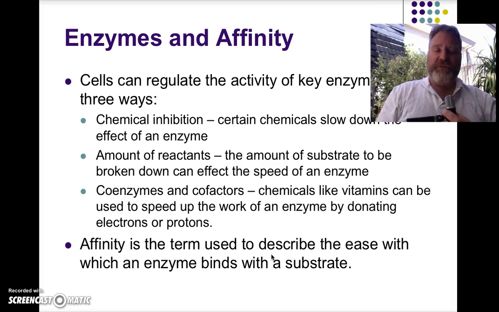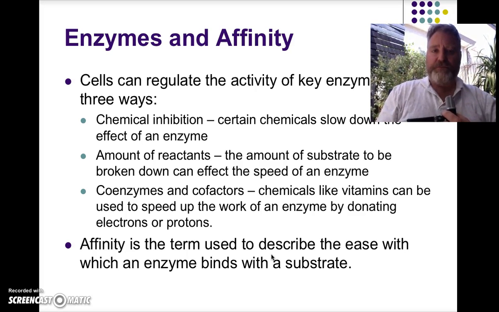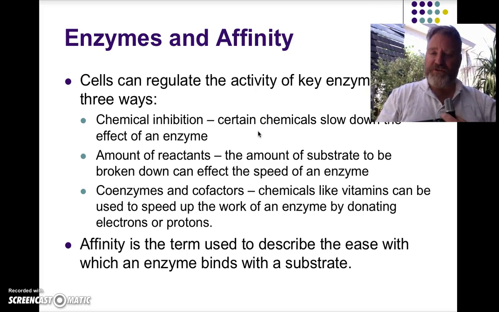We talk about enzymes having a thing called affinity. So whether or not they can actually lock to their substrate. So we can use chemical inhibition to reduce the affinity. So certain chemicals can be used to slow down the effect of an enzyme. So we might want to control the release of the substrate in some way.